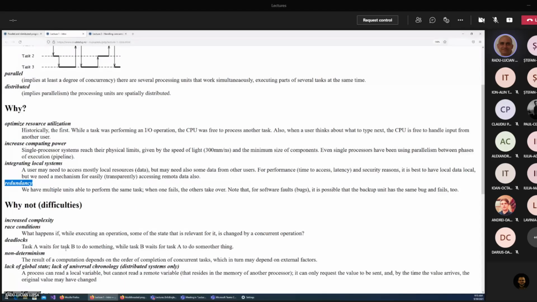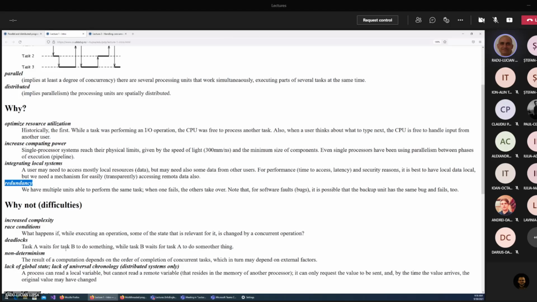So let's say you have two computers acting as a web server or whatever kind of server. One of them is actively serving requests, and the other is kept up to date to take over if the first one fails. Or maybe both of them are serving requests, and if one of them fails, then the capacity decreases a bit, but the system continues to go.